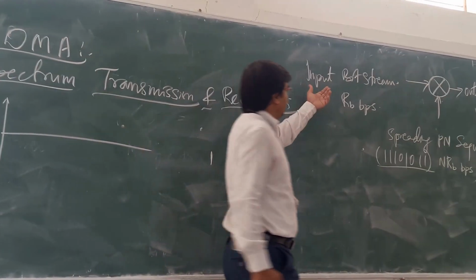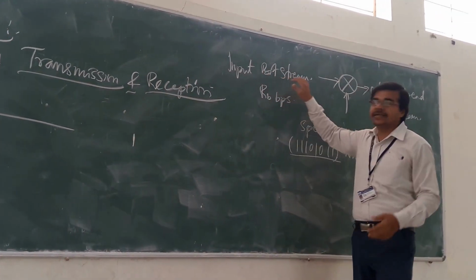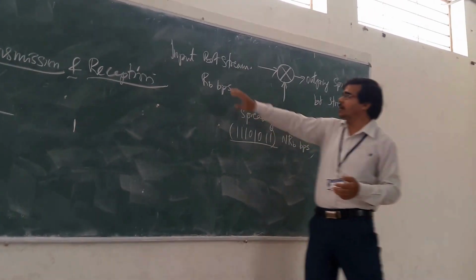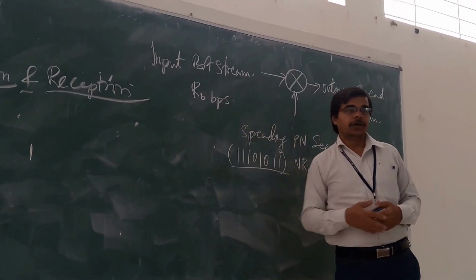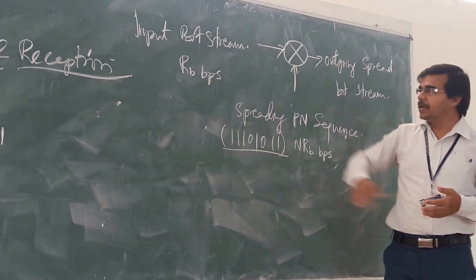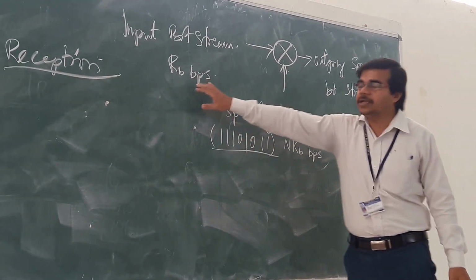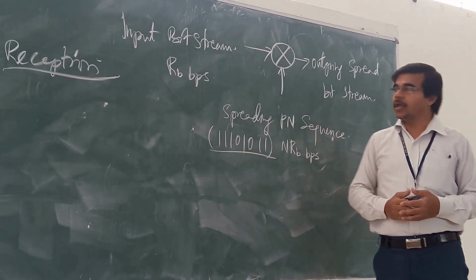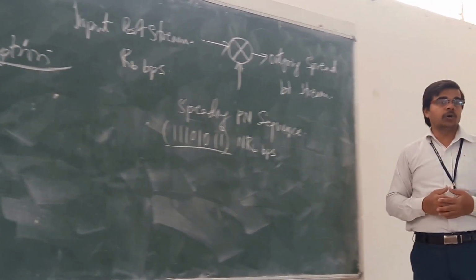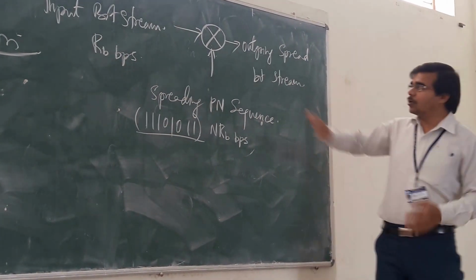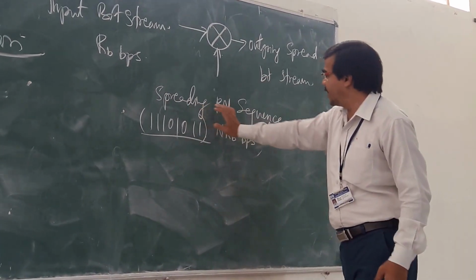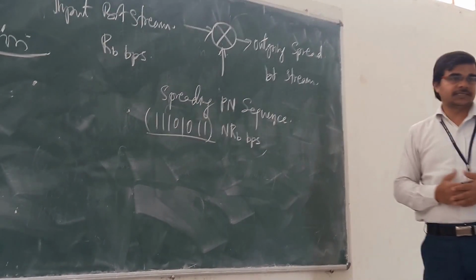First you have the input bit stream. Let us assume that it is R bits per second, and we are modulating it with the spreading PN sequence.